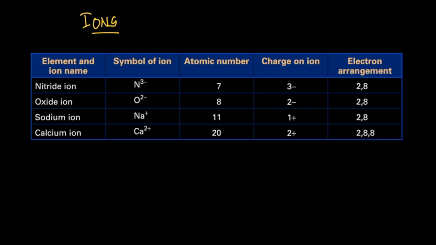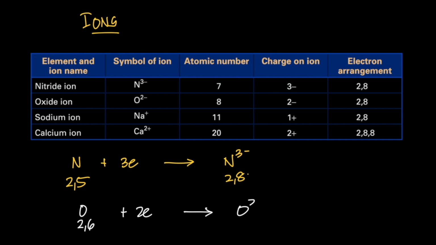And calcium, which is 2,8,8,2 as an atom, when it becomes an ion, it loses the outermost electrons.